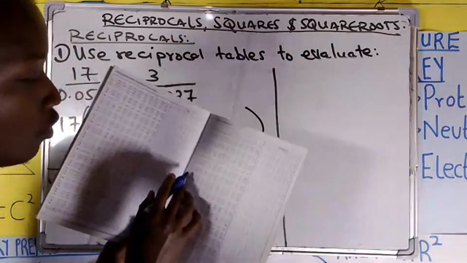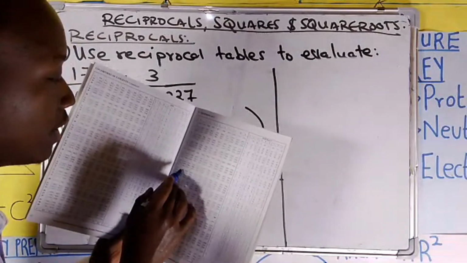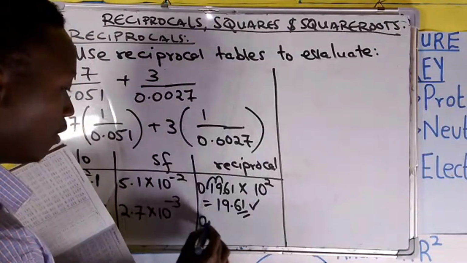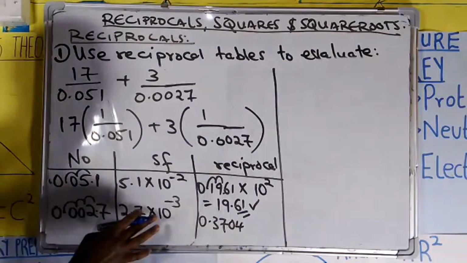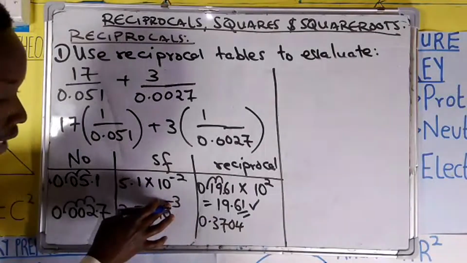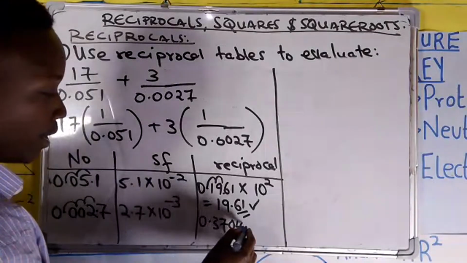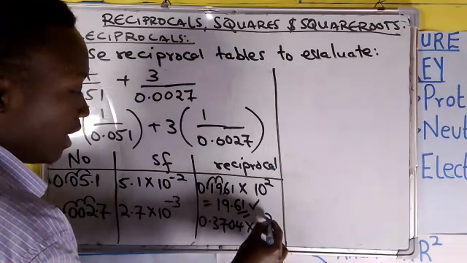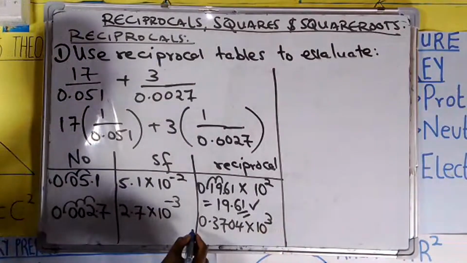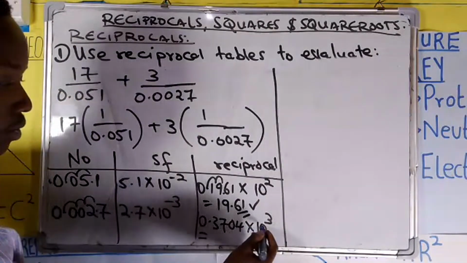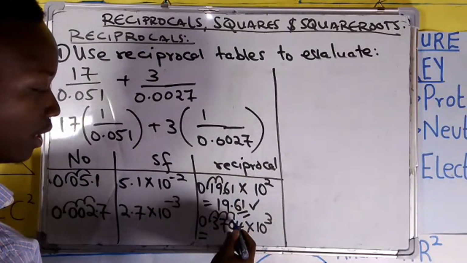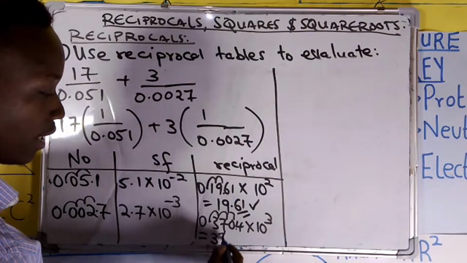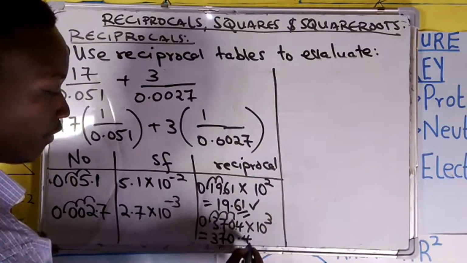The reciprocal of 10 to power negative 3 is 10 to power 3. So times 10 to power 3, we take the decimal three places to the right, and it is going to be 370.4.